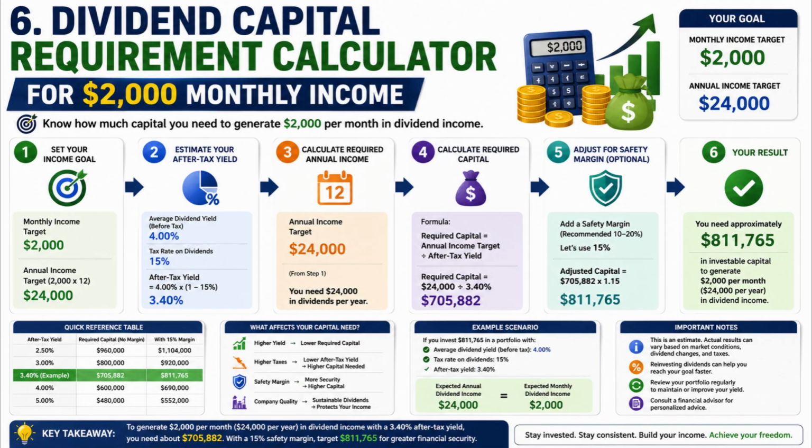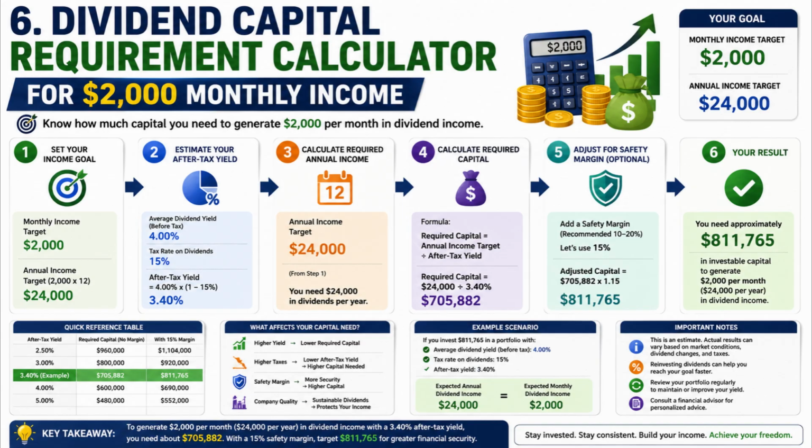To calculate the adjusted amount, multiply $705,882 by 1.15. This produces an adjusted capital target of approximately $811,765. Therefore, targeting around $811,765 may provide greater flexibility and protection against dividend reductions, tax changes, fees, or lower than expected portfolio yields.